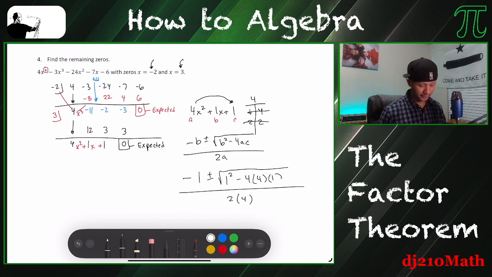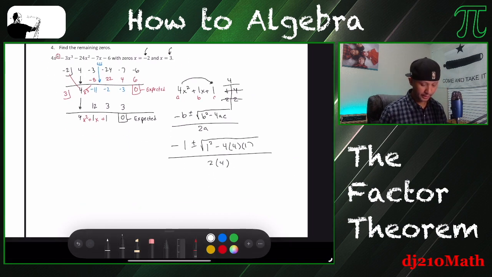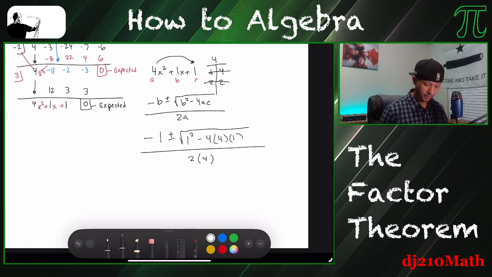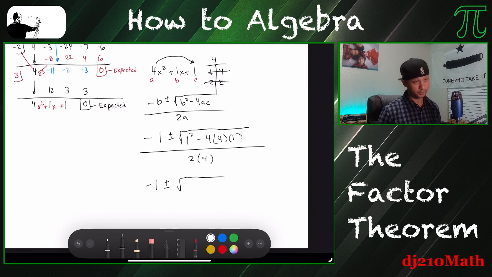Simplifying, we get -1 plus or minus the square root of 1 squared, which is 1, minus 4 times 4, 16.